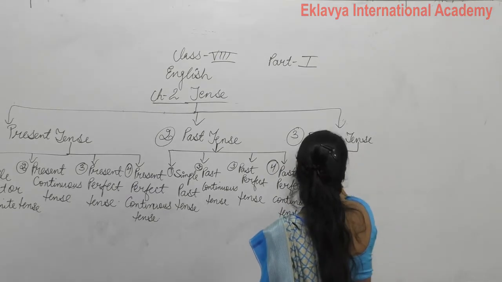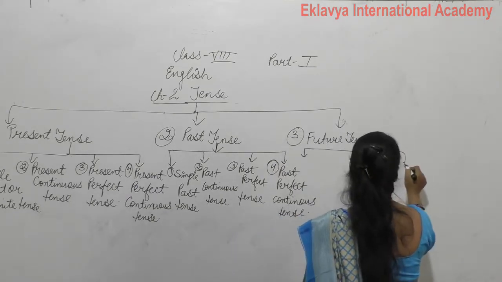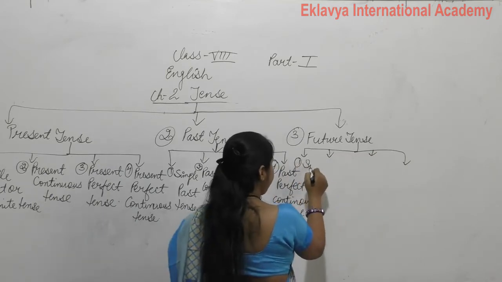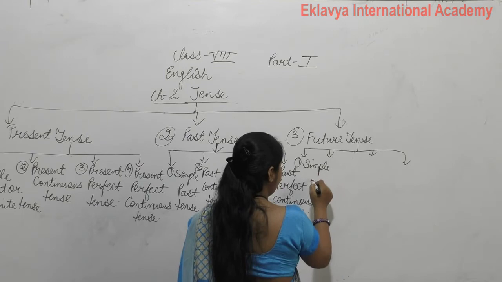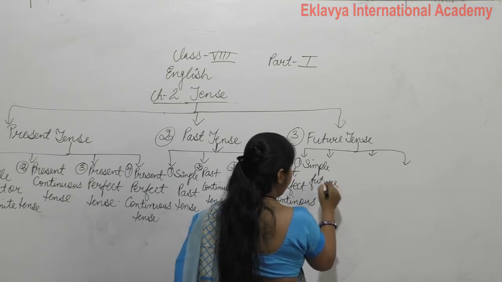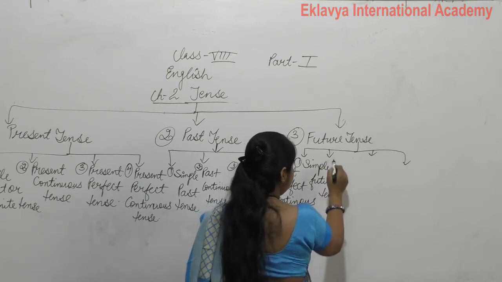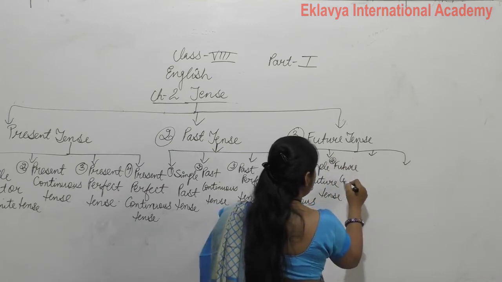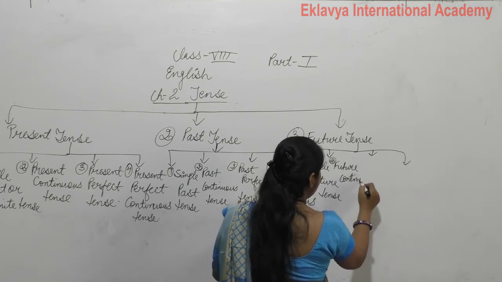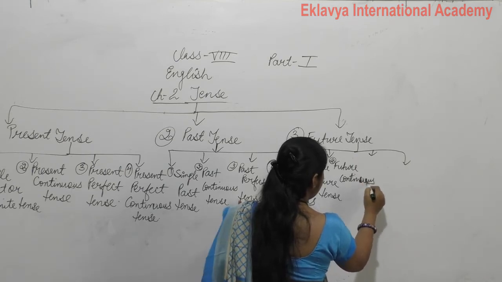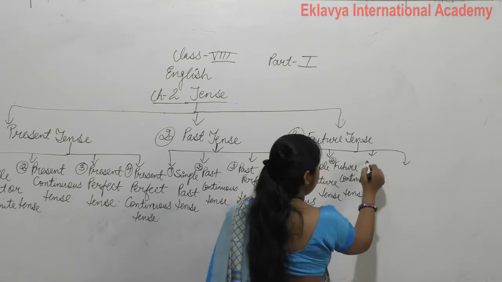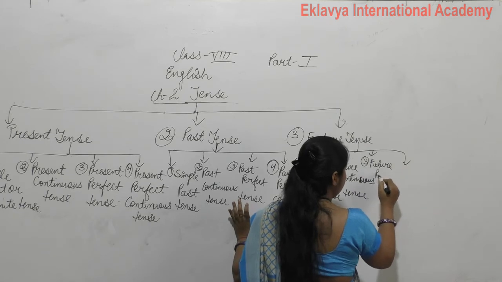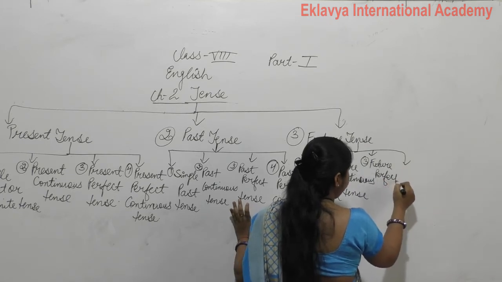Now same way we divide future tense also in four parts. Clear? Simple future tense, future continuous tense, and third is future perfect tense.